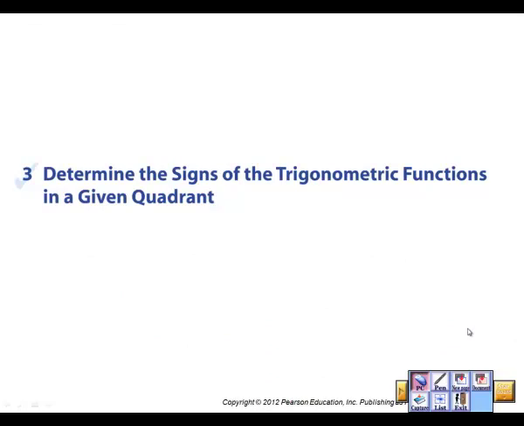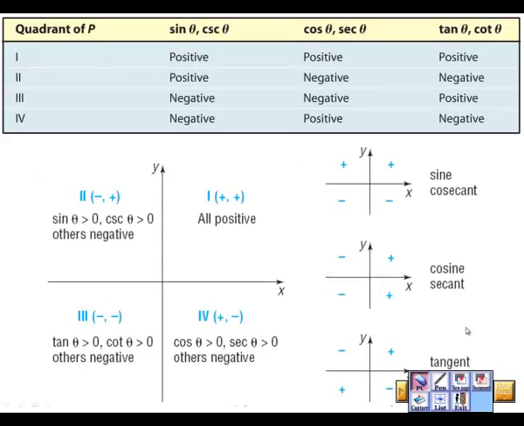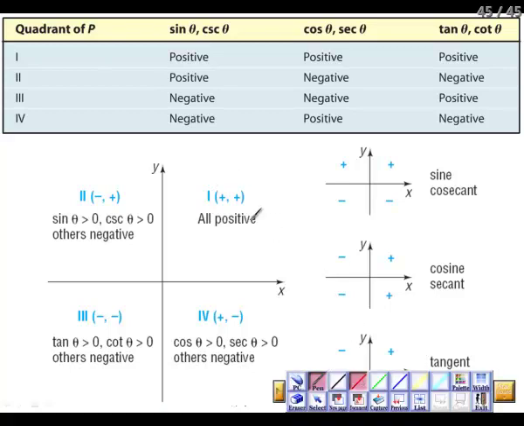Alright, so determine the signs of the trigonometric functions in a given quadrant. Okay, so now these signs are always the same as what we've looked at for x and y. Only now, instead of x and y, we're looking at them in terms of cosine and sine.